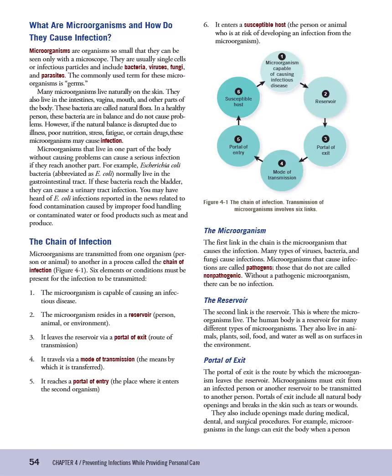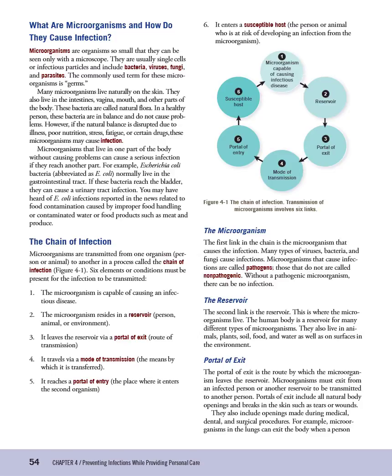It leaves the reservoir via a portal of exit, route of transmission. 4. It travels via a mode of transmission, the means by which it is transferred. 5. It reaches a portal of entry, the place where it enters the second organism. 6. It enters a susceptible host, the person or animal who is at risk of developing an infection from the microorganism.